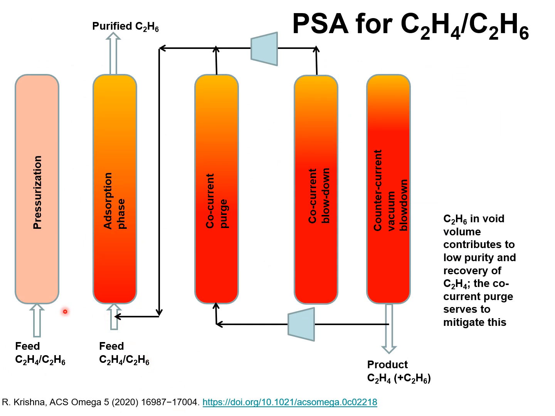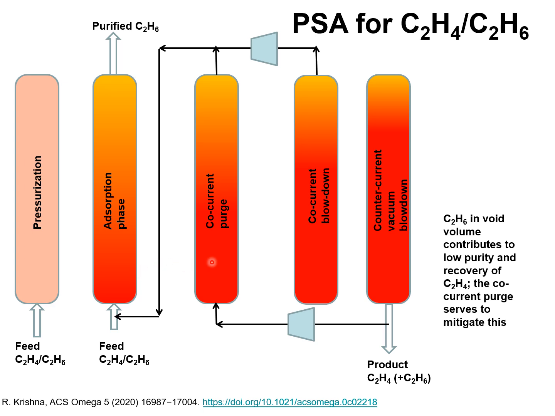As discussed in my paper published in 2020, a PSA scheme for separating ethene from ethane would consist of the following steps. We have pressurization. We have the adsorption cycle, in which the feed mixture is fed to a fixed bed, and purified ethane is recovered from the top of the fixed bed.